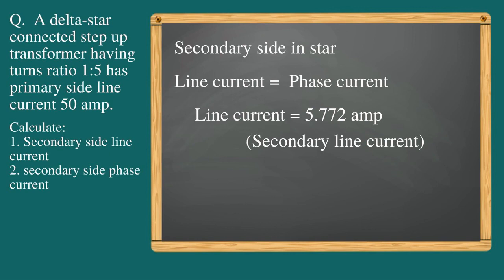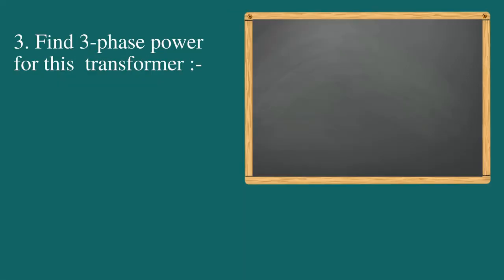Now the third part of this question, find three phase power for this transformer. Now you have to solve this on your own and put the answer in the comment box. And before that, there are two formulas, √3 VL IL or 3 VPH IPH.